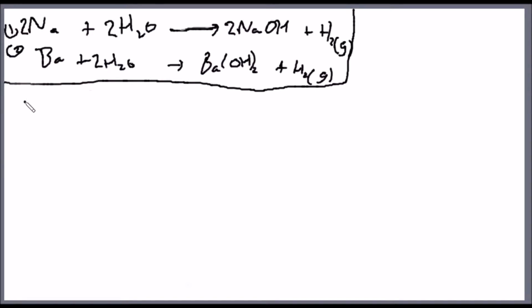So let's assume that we use 5 grams of each metal in the reaction with water, and what we want to find out is how much gas has been liberated from this reaction. So let's do it. So the n of Na equals 5 grams over 23.0, which equals 0.217 mole.